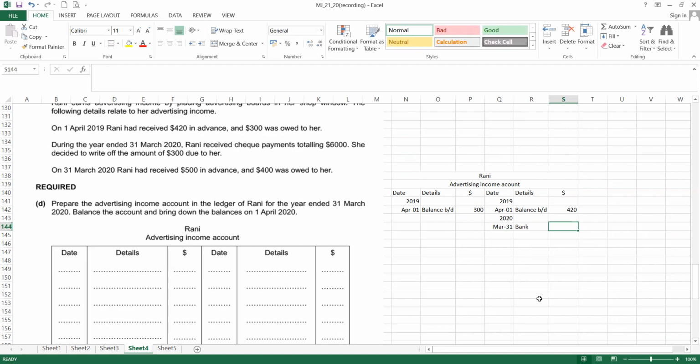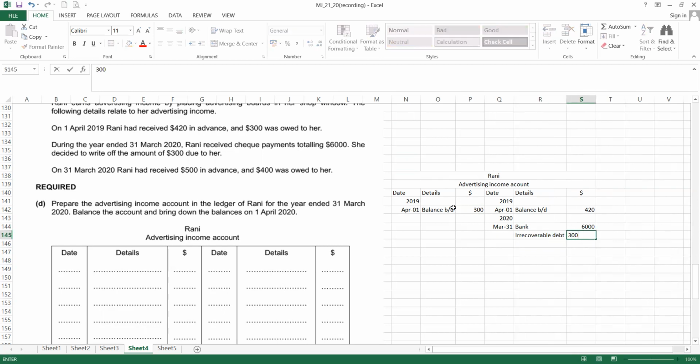You must write bank because it's a check, 6,000. At the same time, she decided to write off this 300. Since here it is debit, when you write off, it must be in the credit. So this one you call irrecoverable debt, 300.